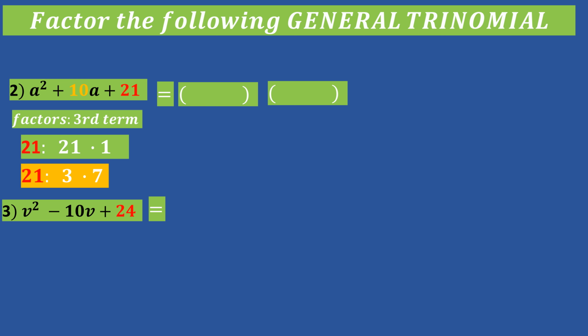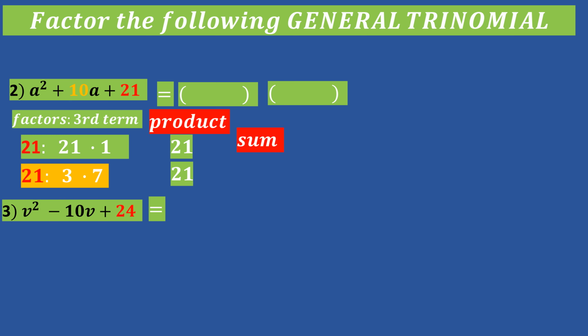After getting their factors, we'll be getting their product. So 21 times 1 gives us 21, while 3 times 7 also gives us 21. We are not only to focus on the product, but we also have to see to it that the sum of the factors will be our middle term numerical coefficient.